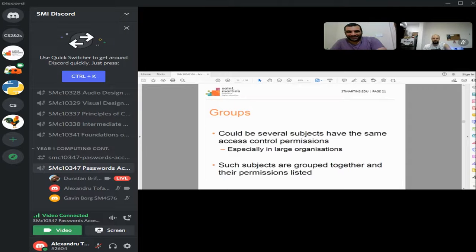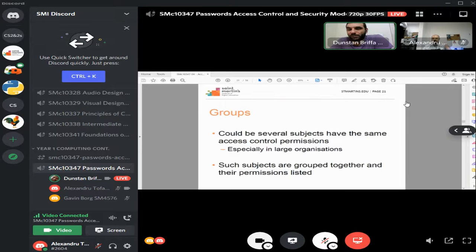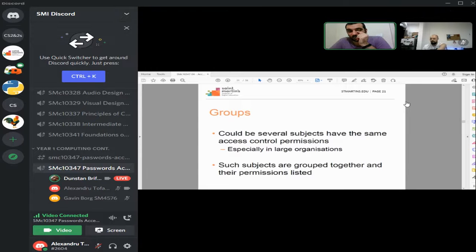So there are two important add-ons that we need to consider. The first idea is this one of the groups. Okay, so far we are saying that we've got different subjects and we are allocating rights to these different subjects according to the objects that they want to access, right?